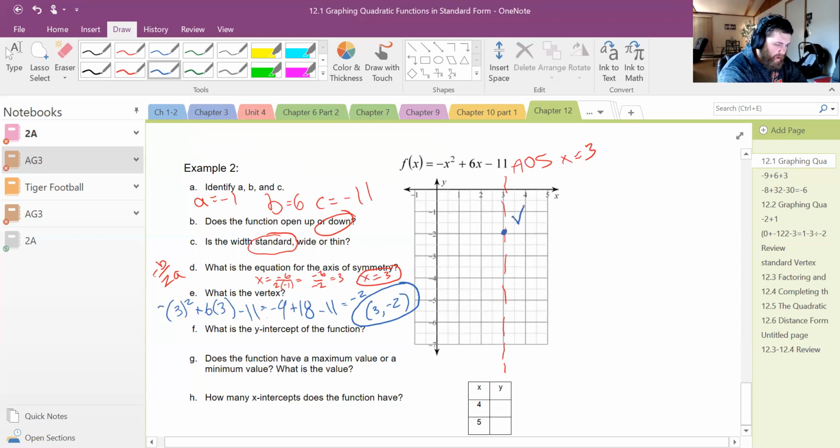Okay. It opens down. We already know that, so let's just go ahead and sketch it. Now let's do y-intercept first. See if it can fit on the graph. Okay, y-intercept, remember, just plug in a 0. So we plug in a 0 here, it cancels, and we just get negative 11.